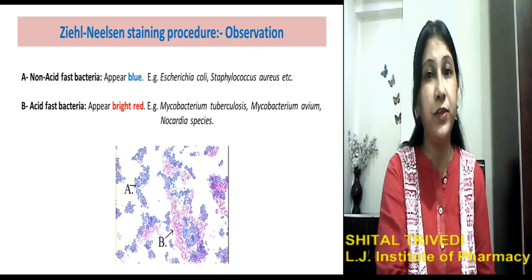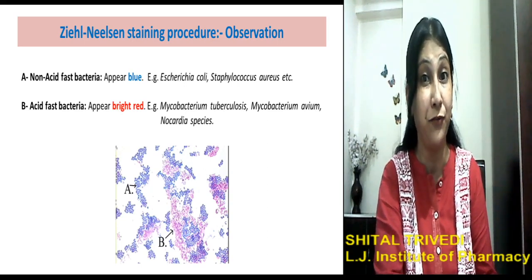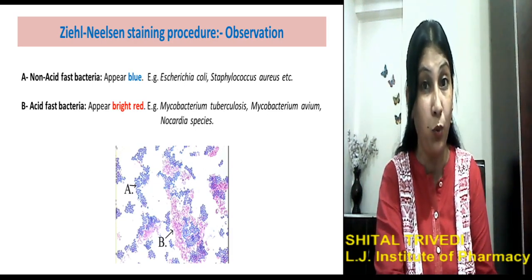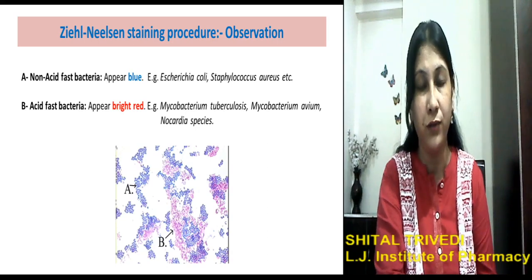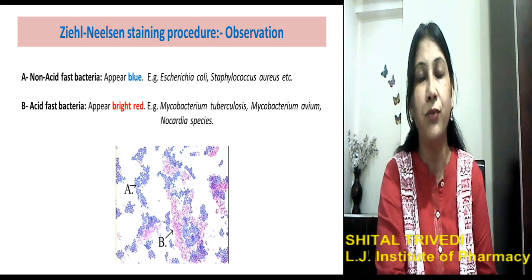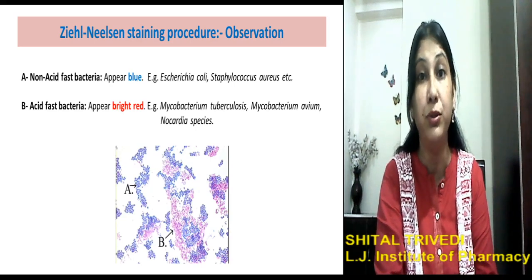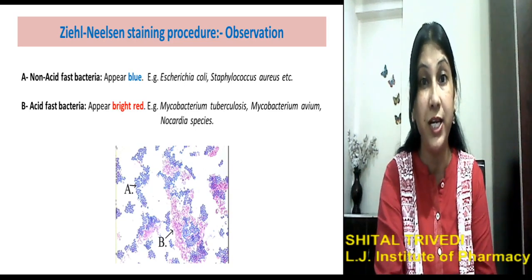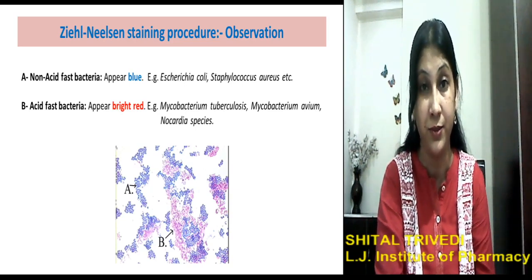Because of this unique property of the acid fast organism, that is acid fastness, that is the presence of mycolic acid in the cell wall and the resistance to the effect of the acid alcohol for the decolorization, the Ziehl-Neelsen technique can differentiate these organisms from the other non-acid fast organisms.